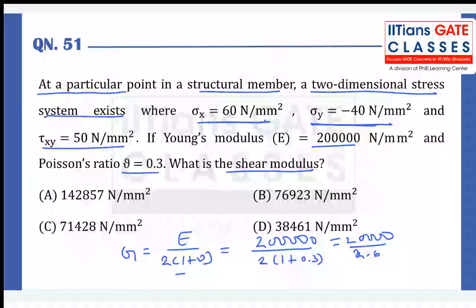How much do we get? We get 76923.1 Newton per mm square. Clear? Check this calculation, guys. Yes, sir. So what is E? Modulus of elasticity. What is nu? Poisson's ratio. G is the shear modulus.